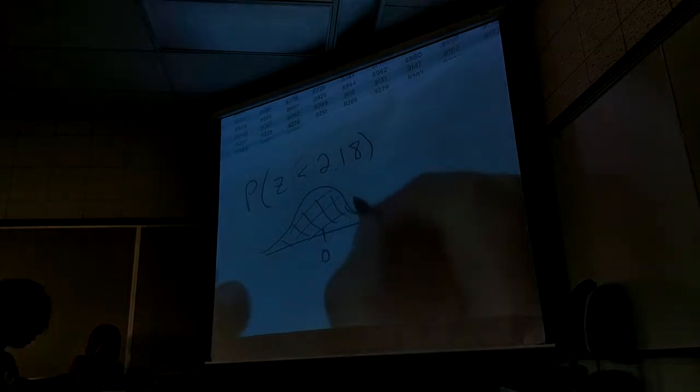How's everybody doing? Yeah, it's almost 1. Be careful now. When you do the empirical rule, it's between two z-scores. This is strictly all the area below a z-score, so you can't really compare it to the empirical rule. So this comes out, what was it? 0.9854, right?